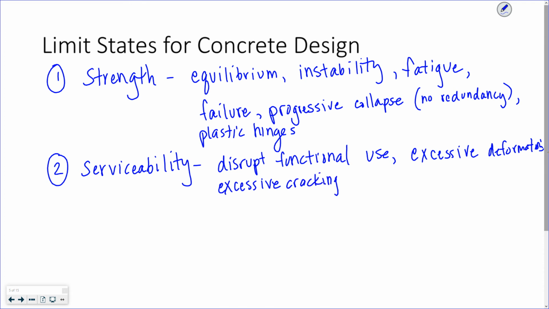That cracking might lead to leaks, corrosion of the reinforcement, and deterioration of the concrete. Undesirable vibration. Maybe you want vibrations, maybe you don't.